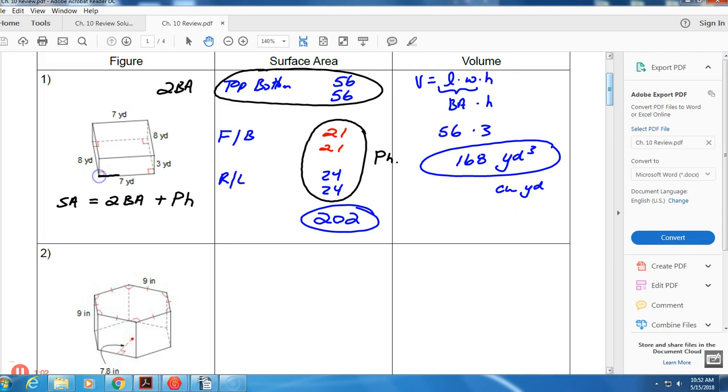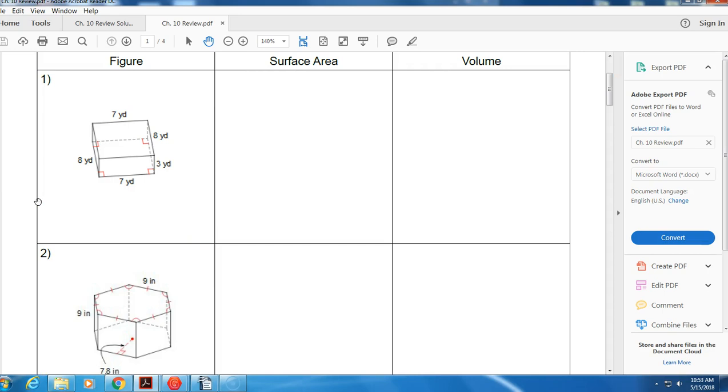This is 7, this is 8, this is 7, this is 8, so that would be 30 for the perimeter. And all the walls all the way around have a height of 3. So 2 base areas plus the perimeter times the height will lead you to the same answer. I don't know if we need another formula to memorize. I usually don't do it that way, but you totally can. That will be fine. All right, moving right along.